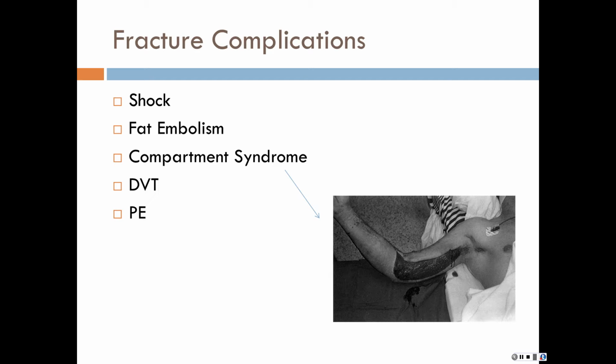They can happen more frequently in those who've had multiple fractures. This is when fat escapes from the bone marrow and gets into our vascular system. The fats then occlude blood vessels, and this can happen anywhere from 12 to 48 hours after, and up to 10 days after the initial fracture.